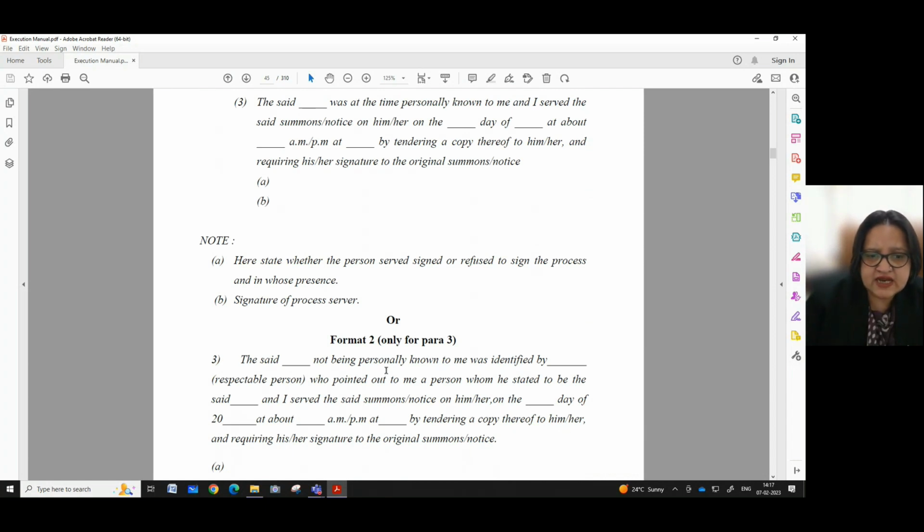That is, the person upon whom the summons is to be served, whether defendant or witness or judgment debtor or any other person, not being personally known to me, was being identified by dash.